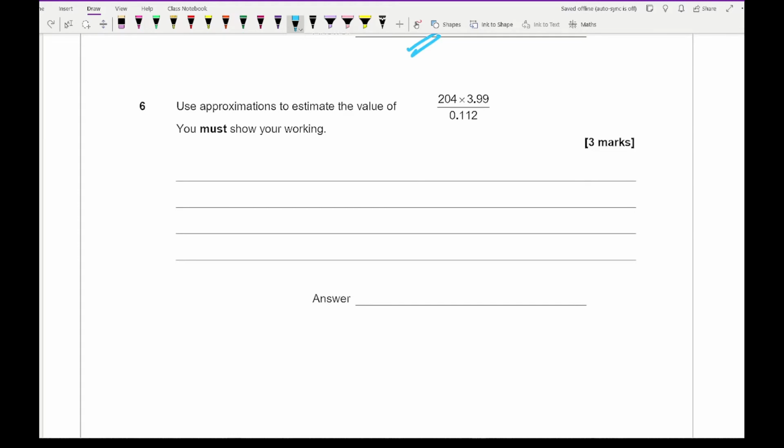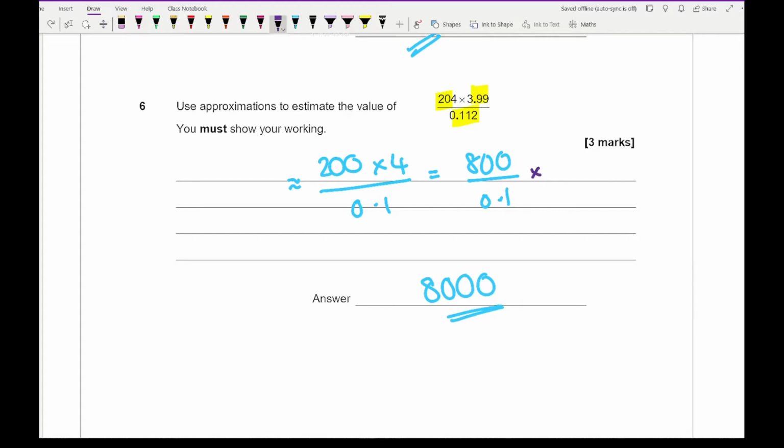Now for this, what we need to do is round each of these numbers to one significant figure. So we're going to have 200 multiplied by 4, all divided by 0.1, which becomes 800 divided by 0.1, and that gives us an answer of 8,000. Again, if you're not too sure about how I got that jump, if we multiply both terms by 10, then I get 8,000 over 1, which gives me my final answer of 8,000.